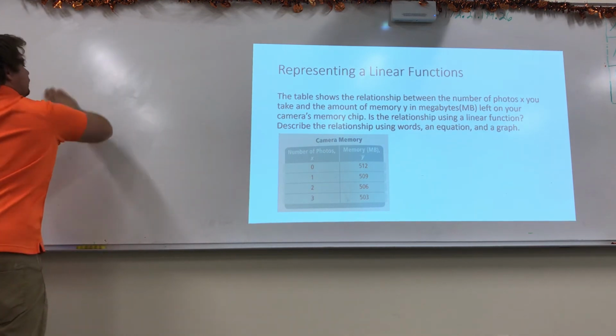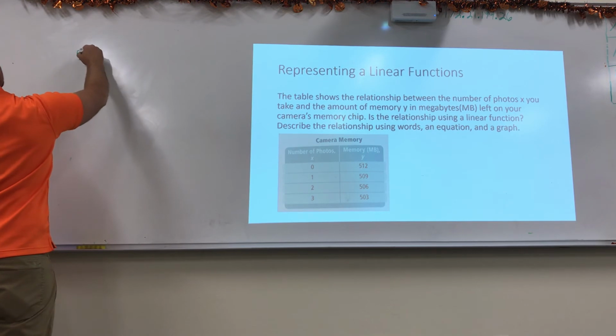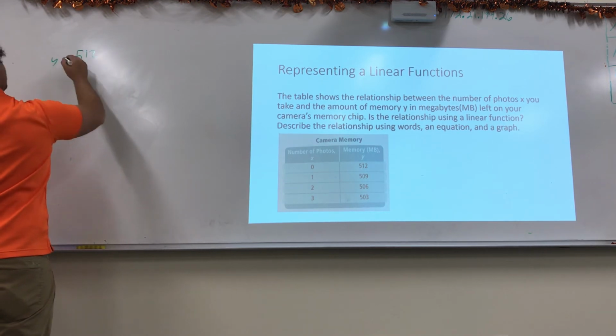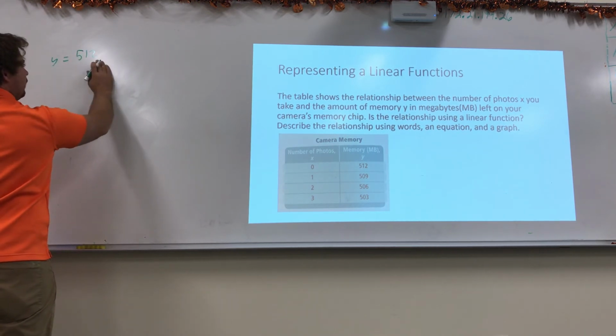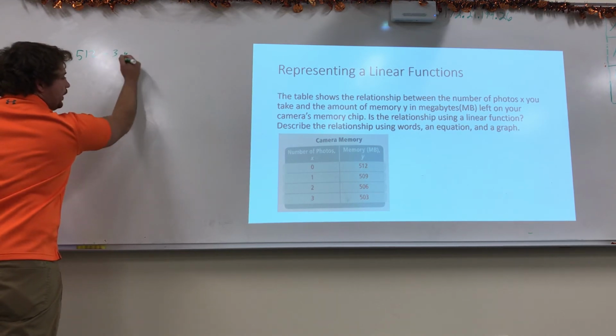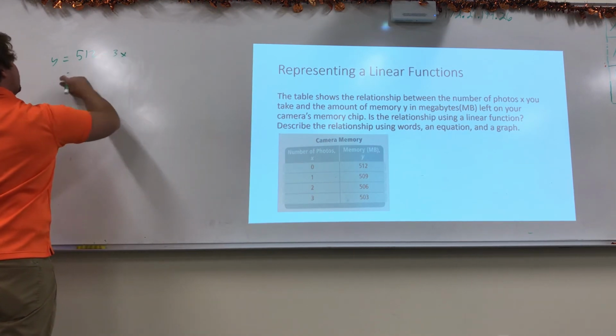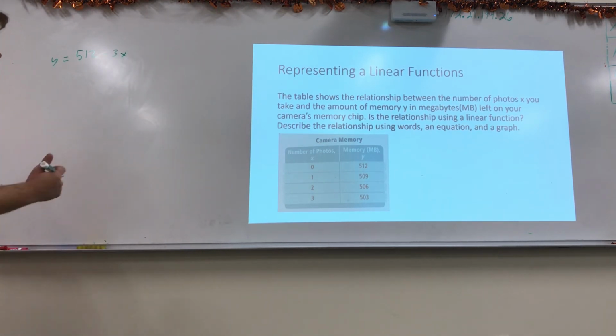So, my initial value is 512. To find out how much memory I have left, I'm going to take 512 minus 3 times x, because I don't know how many photos I took. And that's going to tell me what I have left for memory. I created the equation right away. The equation makes more sense to me than words do.